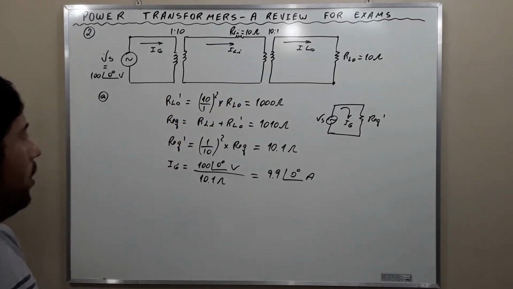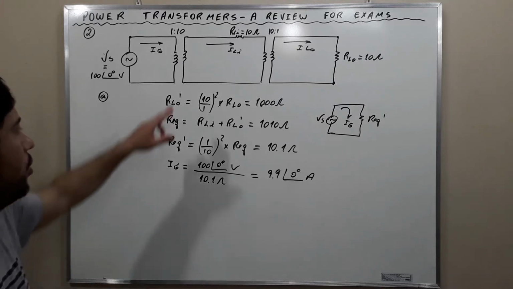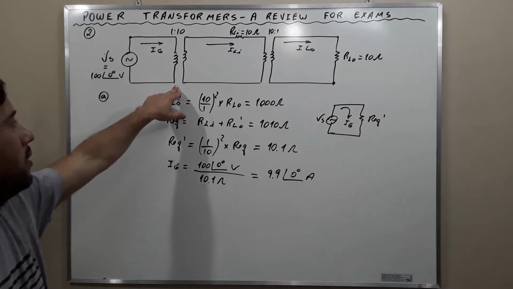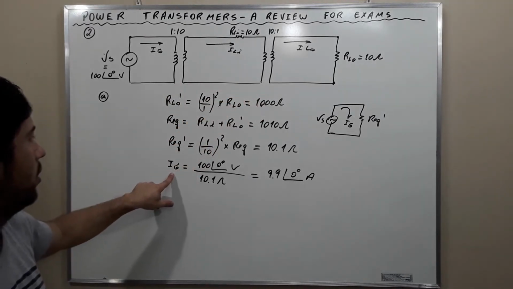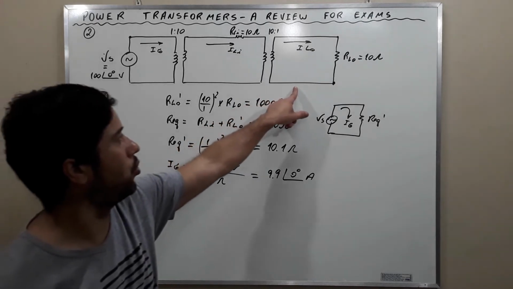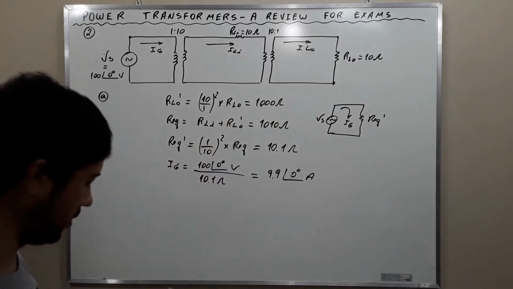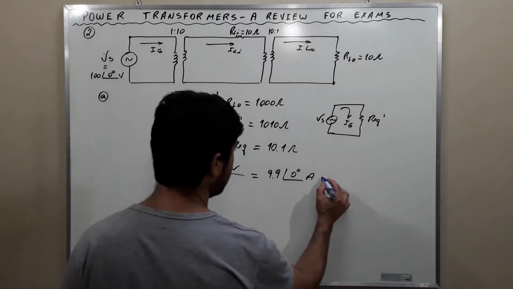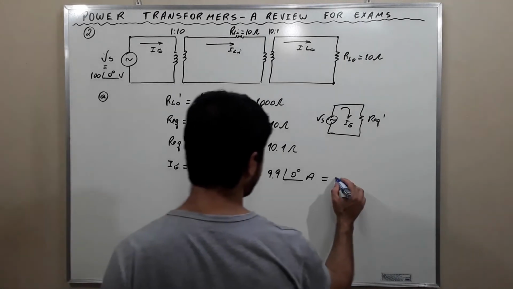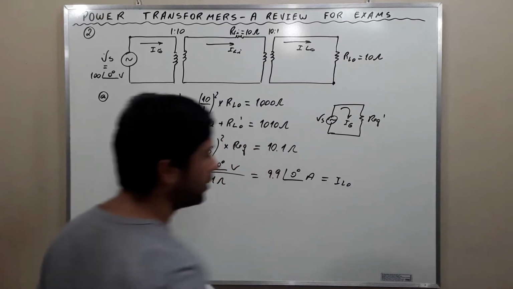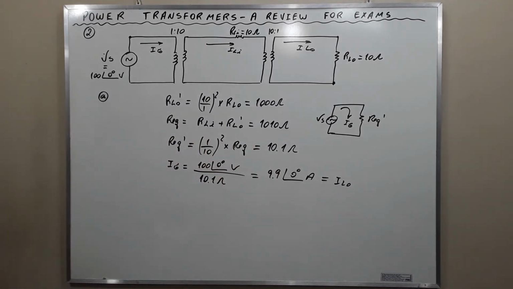Whenever talking about ideal transformers, we neglect the losses and observe that they are identical. So I_G is going to be equal to I_LO, the current delivered to the line.